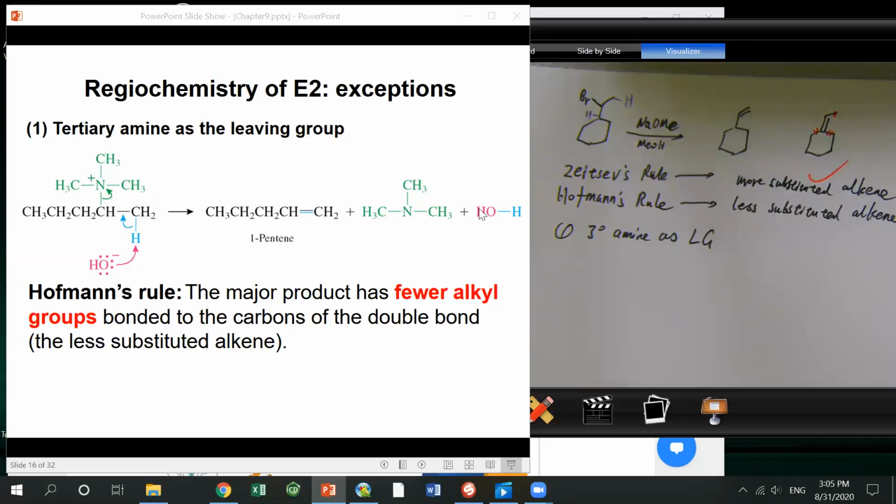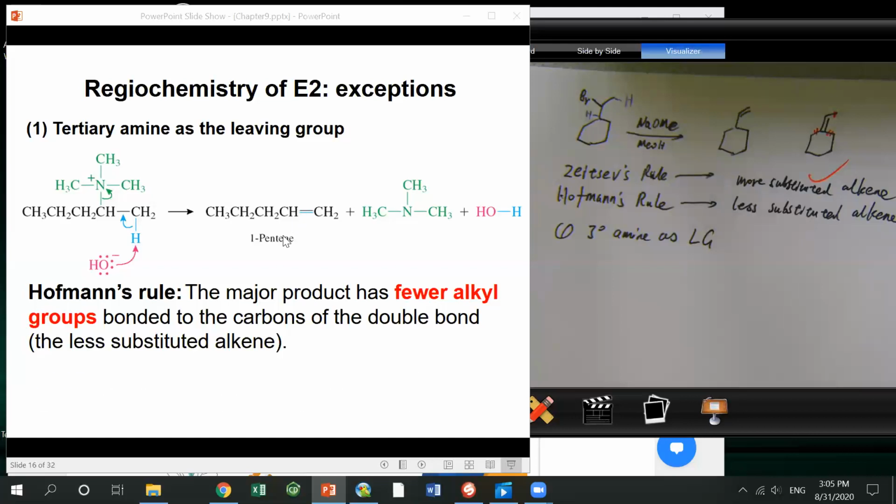The example shown here, the leaving group is a tertiary amine. There is this alpha carbon and you have two beta hydrogens, one here and one here. Theoretically you should generate the more substituted alkene between these two carbons, but in reality you just generate the less substituted alkene, the terminal alkene.